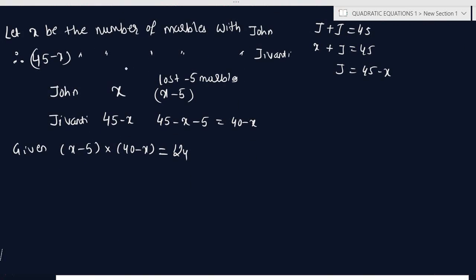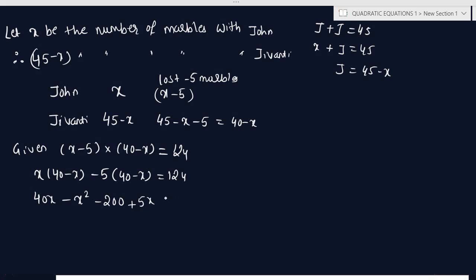To multiply them, x into the bracket 40 minus x, minus 5 into the bracket 40 minus x is equal to 124. x into 40 is 40x, minus x into x is x square, minus 5 into 40 is minus 200, minus into minus plus 5x is equal to 124. 40x plus 5x is 45x minus x square minus 200 minus 124 is equal to 0.